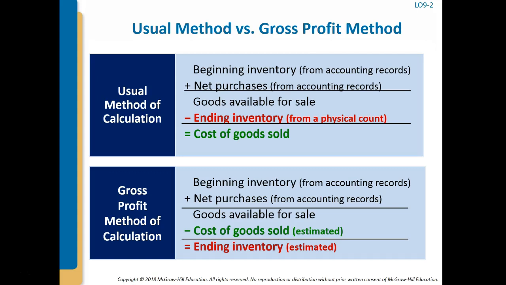So if we know what net sales are, and if we know what percentage of net sales the gross profit is going to be, we can fairly accurately estimate cost of goods sold. Companies often sell products that have similar gross profit ratios. As a result, accounting records usually provide the information necessary to estimate the cost of ending inventory, even when a physical count is highly impractical.